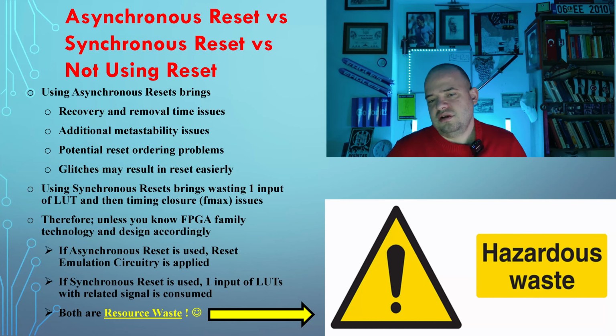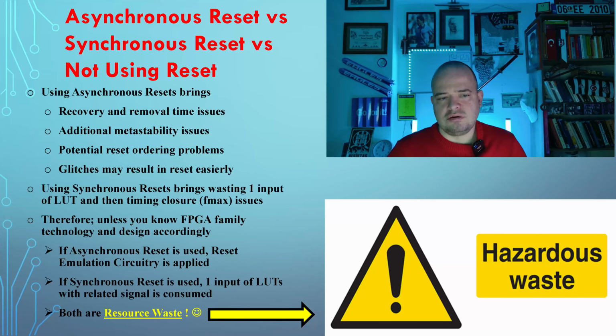So as long as it is possible, avoid increasing the fan out of your synchronous or asynchronous reset signals. I mean, don't use them as much as possible. Don't add signals under your reset statement as long as it is not a must.